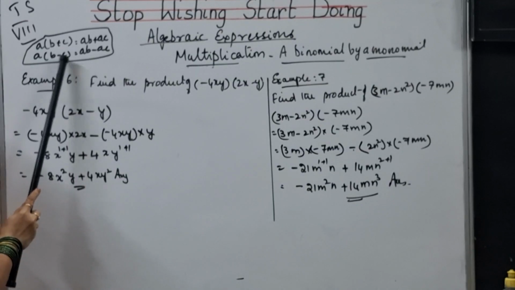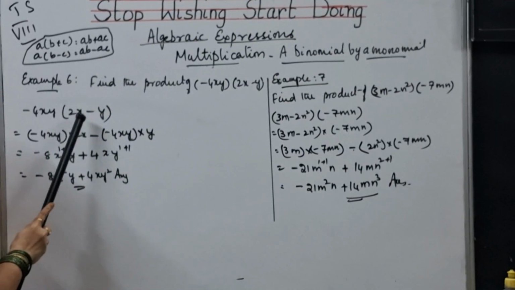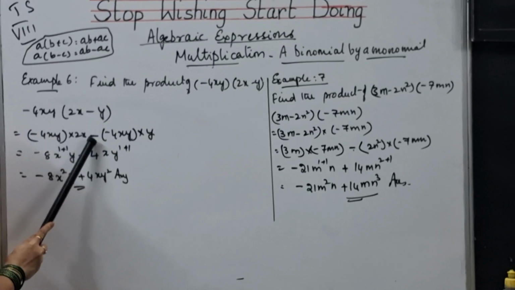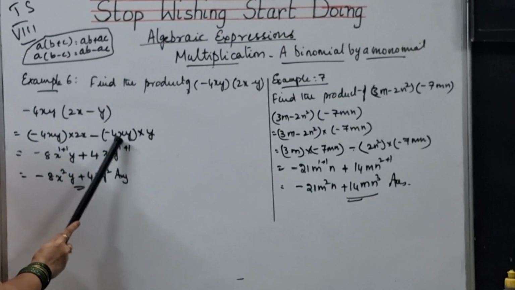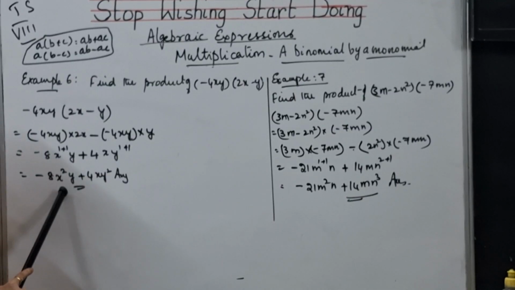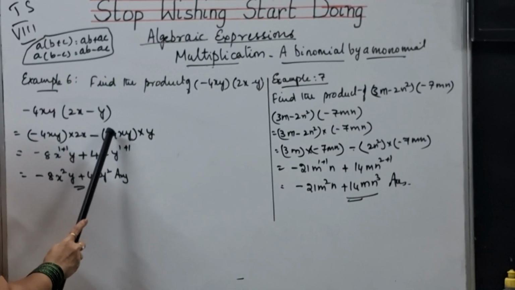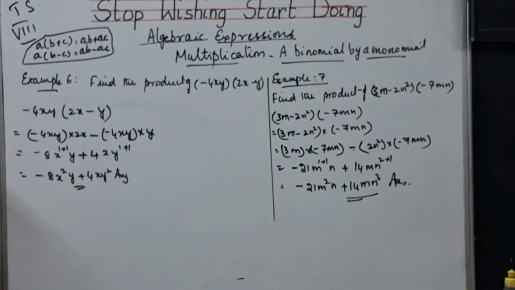Whatever, see, minus is there, so I wrote minus, plus is there, so I wrote plus. So here minus is there, this minus I have taken out, and this number along with the minus I have taken, and this I should take positive only because that negative I have already written here. So 8x square y, minus into minus plus 4xy square I got.